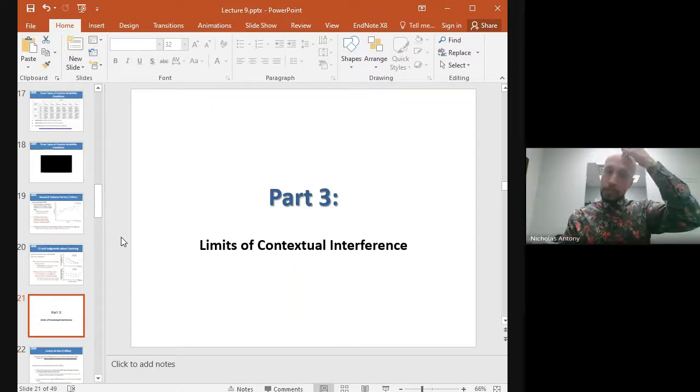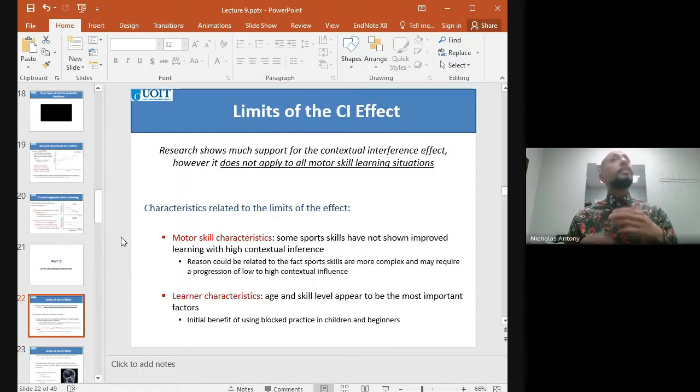So Jessica touched on this, but what are some of the limits of contextual interference then? So is there certain factors that we need to consider? Yes, high contextual interference leads to better learning, but what are some of the things that we should consider before making that sort of a law? And we need to consider the characteristics of the skill and the learner, because there's going to be certain situations where you want to start off with low contextual interference, okay?